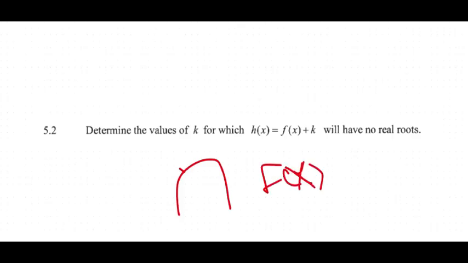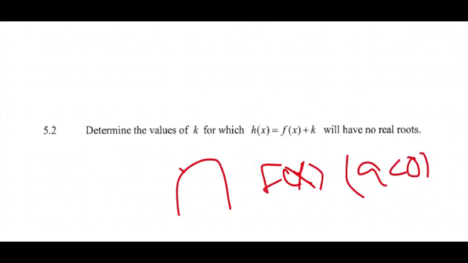Since f of x is a downward opening parabola, so this is f of x, a is less than 0, and h of x will have no real roots if its maximum value is less than 0. The maximum value of f of x is the y coordinate of the turning point, which is 4.